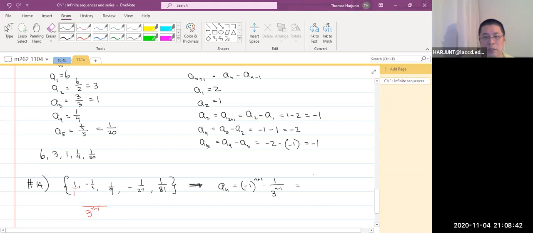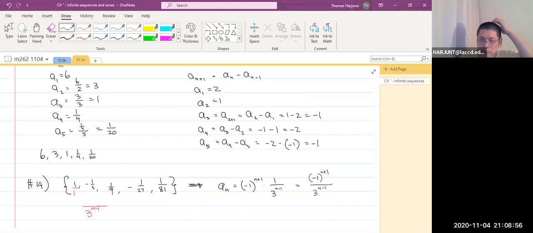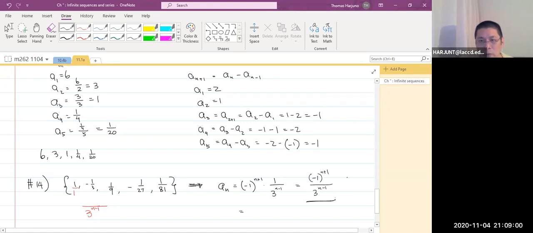Or you can simply say -1 to the power of n plus 1 over 3 to the n minus 1. Now, if you want to simplify that further, just in case, I'm usually fine with this answer, but you can simplify that a little bit.